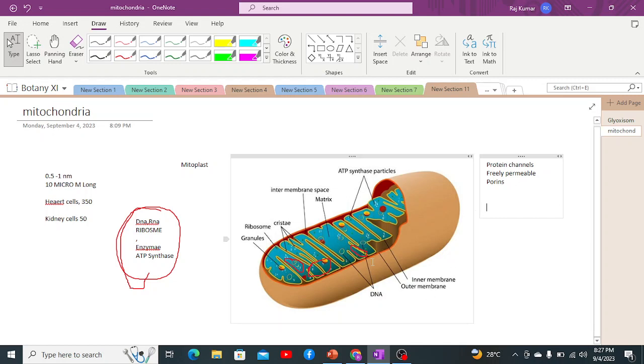Apart from which, one more point here, that the inner membrane is rough, the outer membrane is smooth. Let me first discuss the outer membrane.